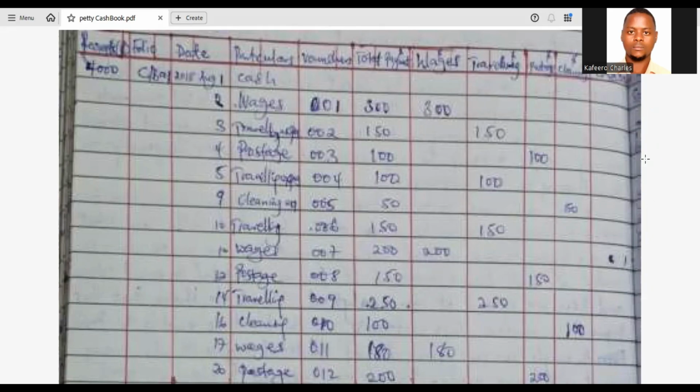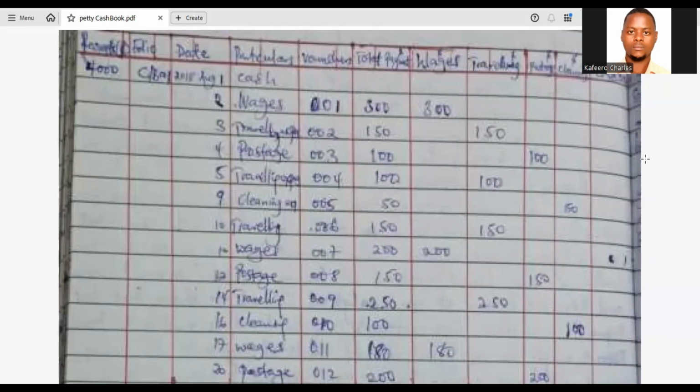Now let us look at the next payment, which is on the 3rd. That is a traveling expense of $150. So on the 3rd, there was a traveling expense. Let's say it is voucher number 002, which is 150. But this traveling expense is different from wages, so we cannot put the traveling expense under wages.